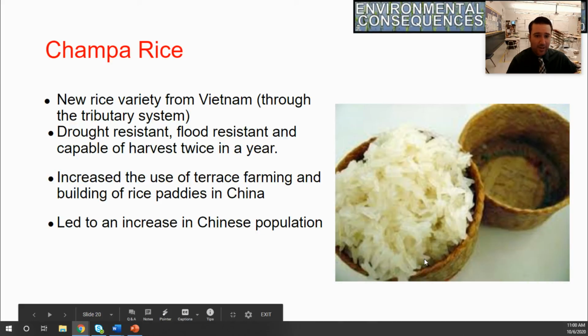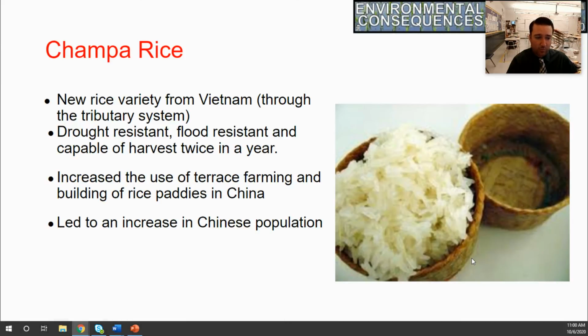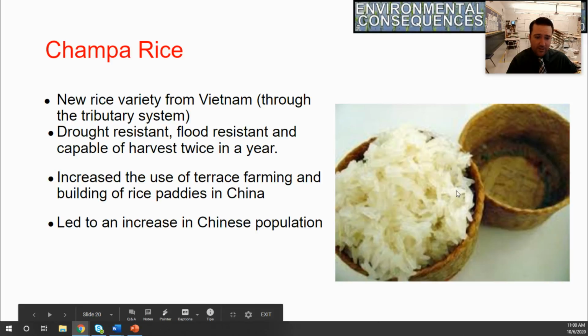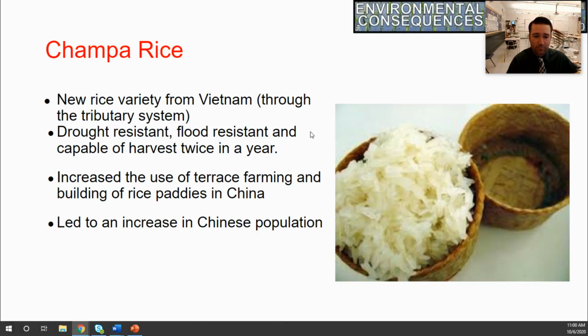In the south, it was a little wetter, so they would create rice paddies in which they can grow more of this crop. All this led to an increase of Chinese population, and even today, rice is a staple food of East Asian cuisine. Not just for China, but for Korea, for Japan, those nations or civilizations that were heavily influenced by the Chinese civilization. The rice basically makes it possible.